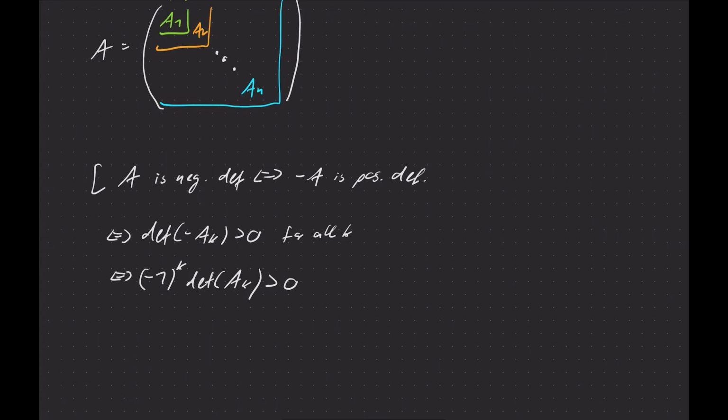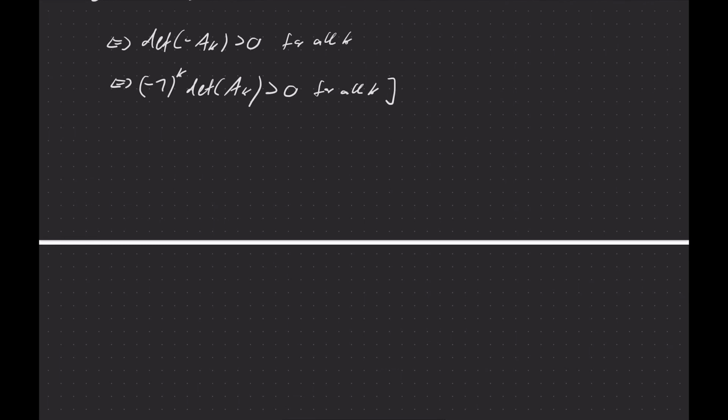So if k is odd, this is negative, then the determinant needs to be negative too. If k is even, (minus 1) to the k is positive, then the determinant needs to be positive. Okay, and this leads to the unusual criterion for negative definiteness. So don't be deceived, don't take the easy way here, yeah? That's the wrong way in this case.